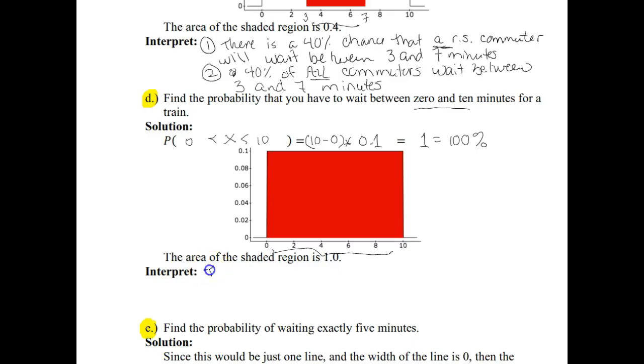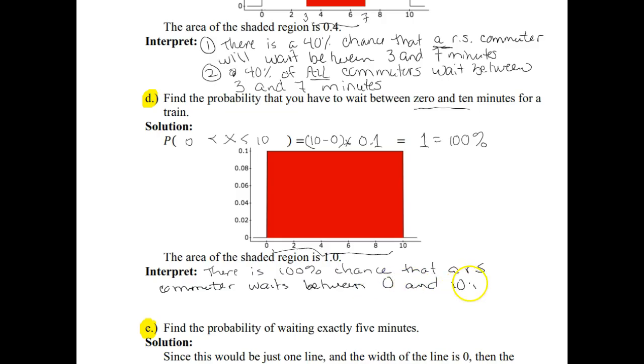Okay, so there is 100% chance that a randomly selected commuter waits between 0 and 10 minutes. So from an earlier chapter, we would call this event in here a certain event.